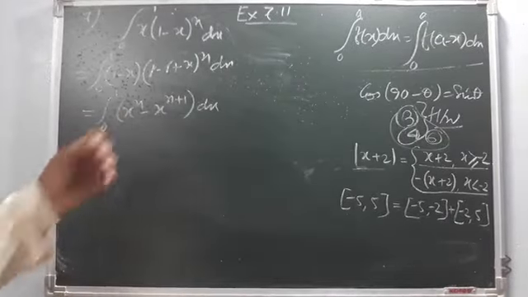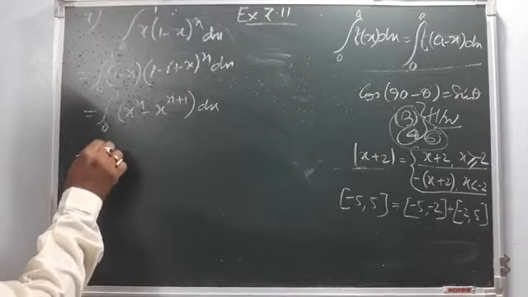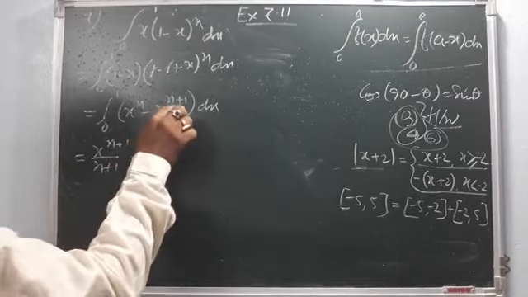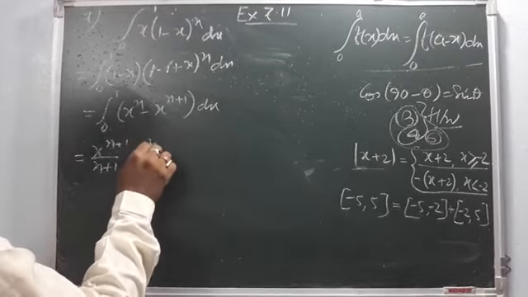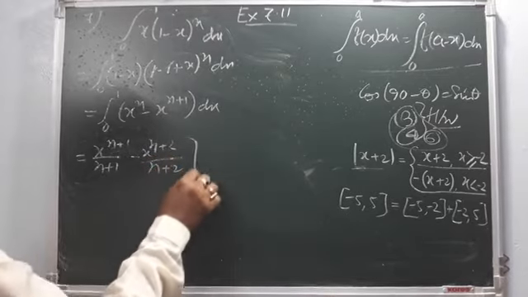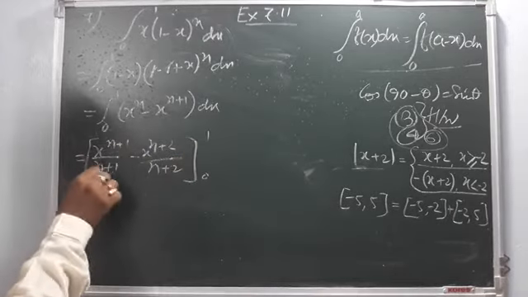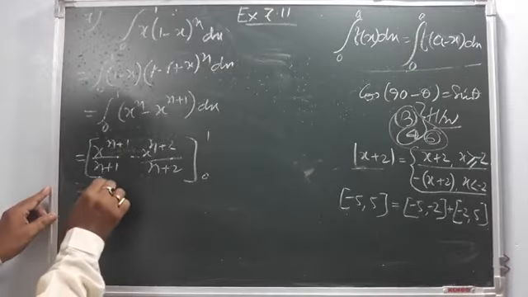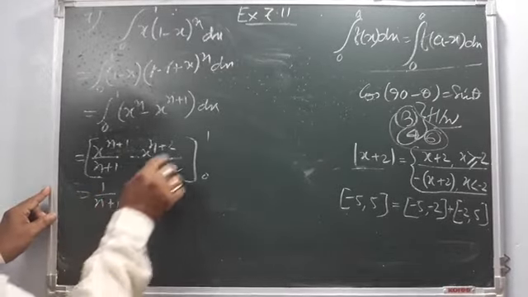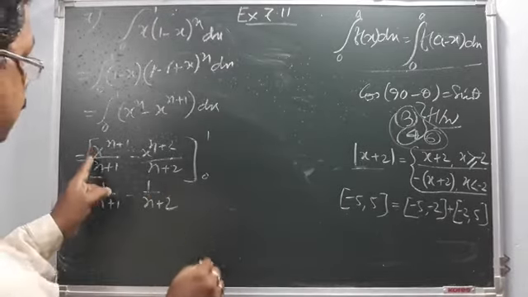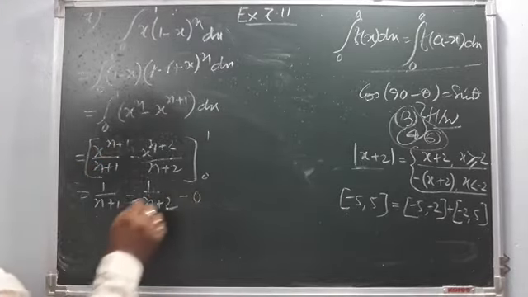Now if we integrate x to the power n, it is x to the power n plus 1 by n plus 1. If we integrate this one, x to the power n plus 2 divided by n plus 2, from 0 to 1. If we put 1, this whole term will be 1, and here also. But if we put 0, this will be 0, that also 0, so minus 0.